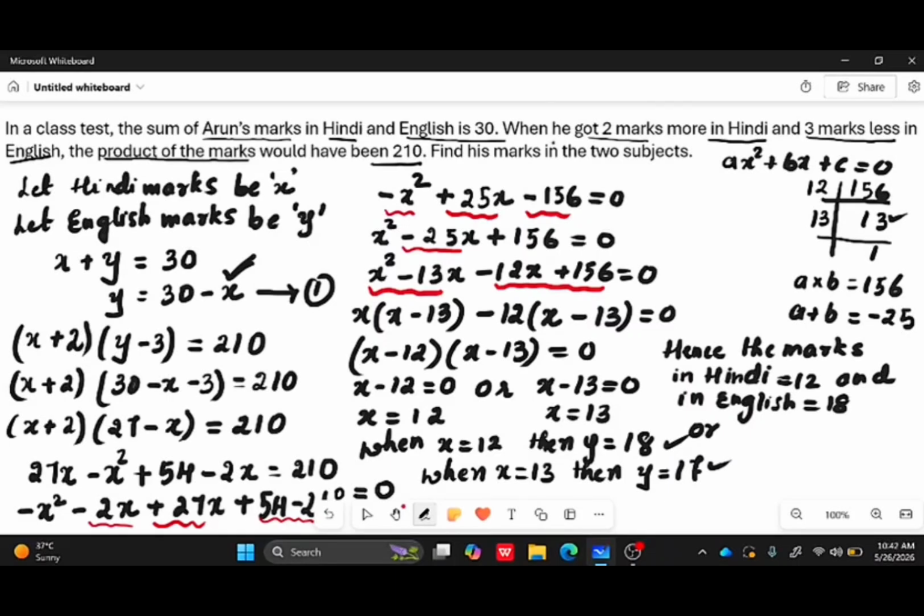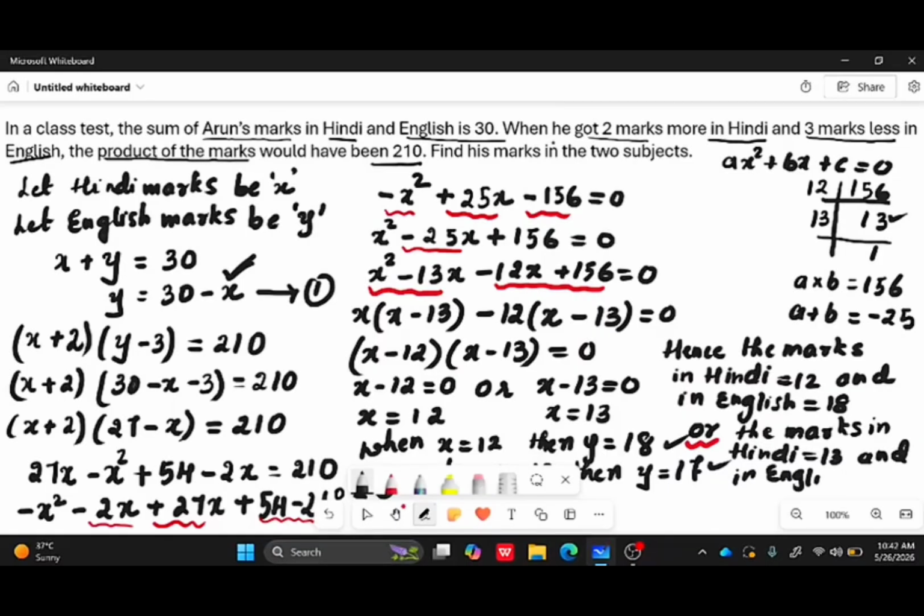Or the marks in Hindi equals to 13. Then what will be the marks in English? And English is 17 marks.